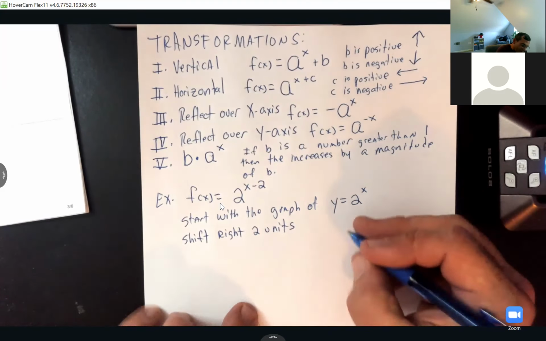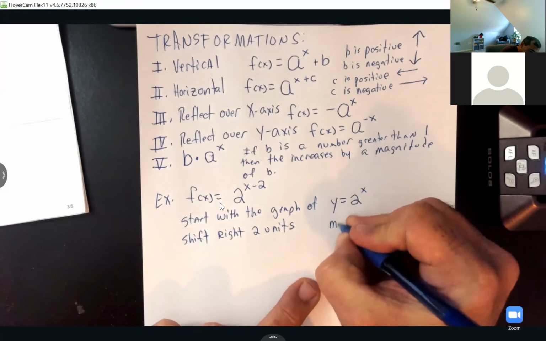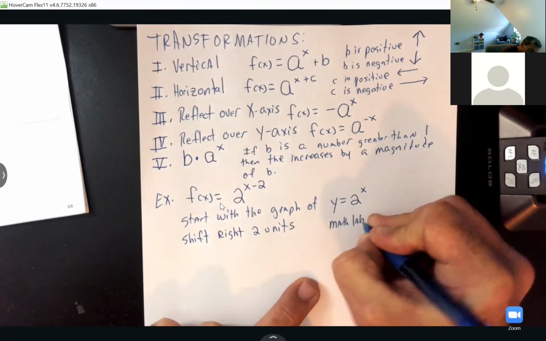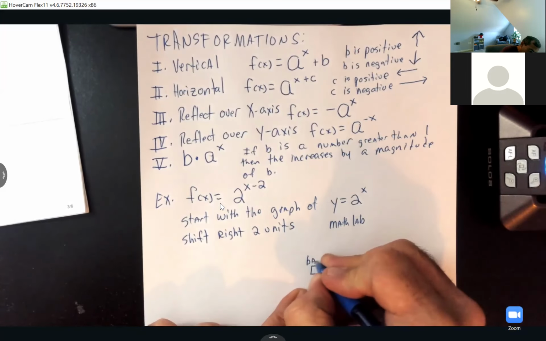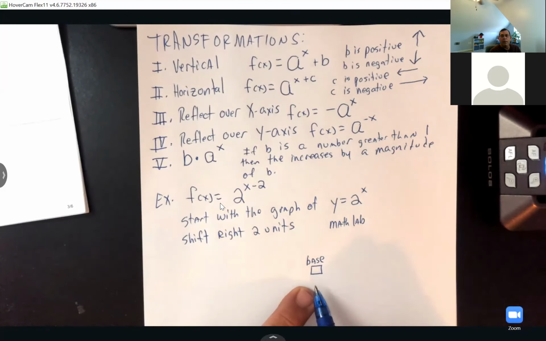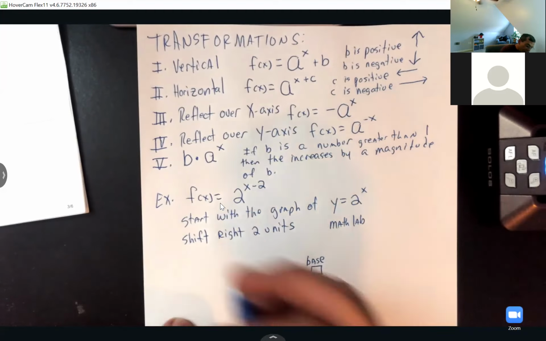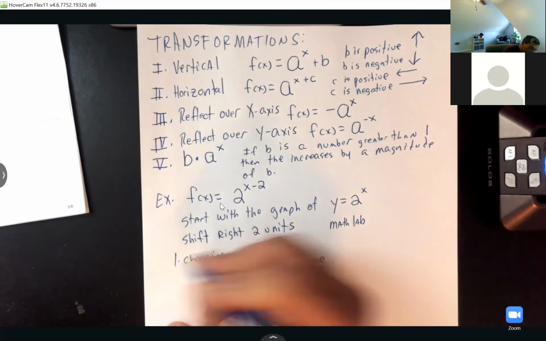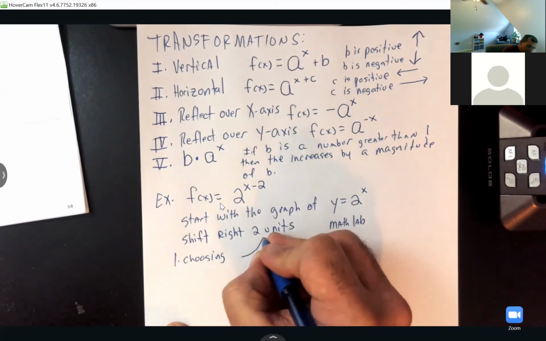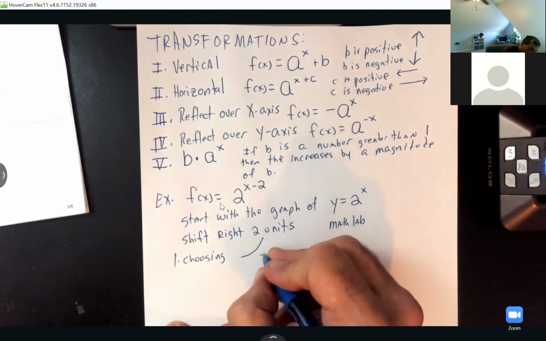So some tricks on MathLab. You're going to start out by choosing the exponential tool.